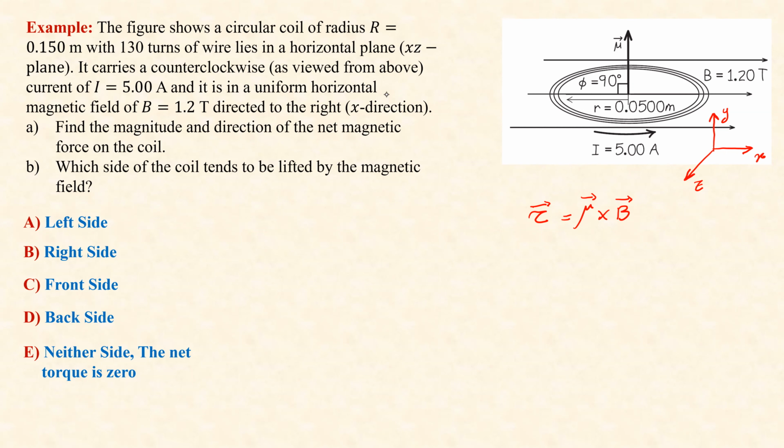Anybody else? You see you have B in this direction, and you have mu in this direction. All right, I guess that's everyone. I'm going to end the poll.